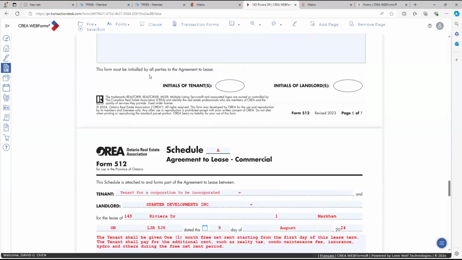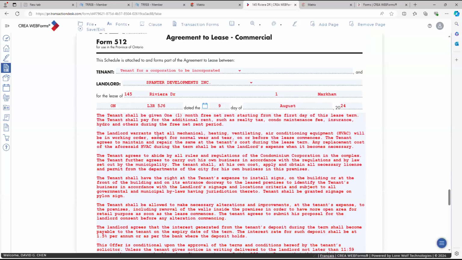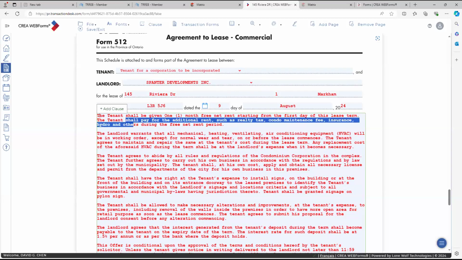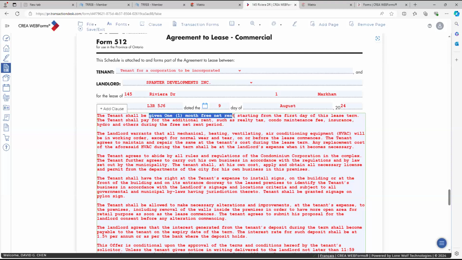Then you need to remind the client. One more thing you need to remember here. In commercial leases, a lot of issues come up around free rent. What kind of free rent? We normally say free net rent. Here, because it's for warehousing, I use only 1 month of net rent free.